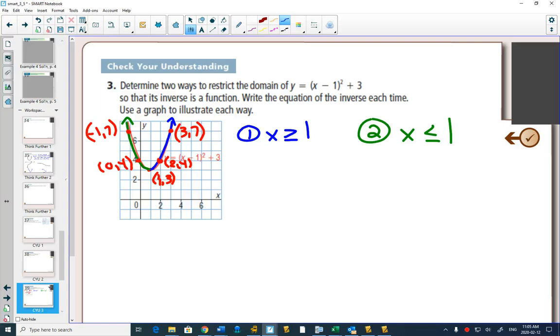So if I had 1, 3 on my original one, you would have 3, 1. If you had 2, 4, you would have 4, 2. And 3, 7 would give you 7, 3. I'm drawing that in blue because that's the inverse of the blue section of my graph.